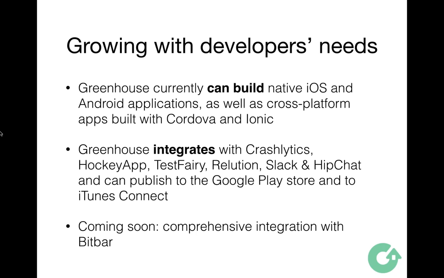But when it comes to distribution of your build binaries, when it comes to application monitoring, to crash monitoring, there are other services such as Crashlytics, HockeyUp, TestFairy that do a great job already, and our solution is to integrate with them tightly so that you can take the builds, the binaries from Greenhouse, and simply ship them off to, say, Crashlytics, and they will do the monitoring for you.